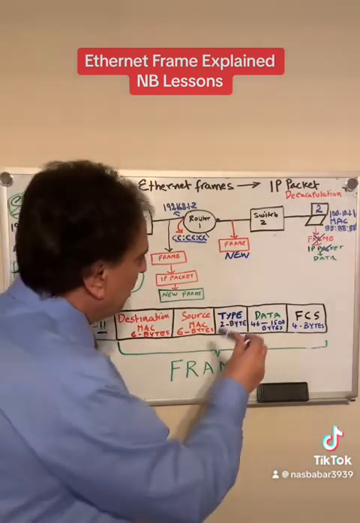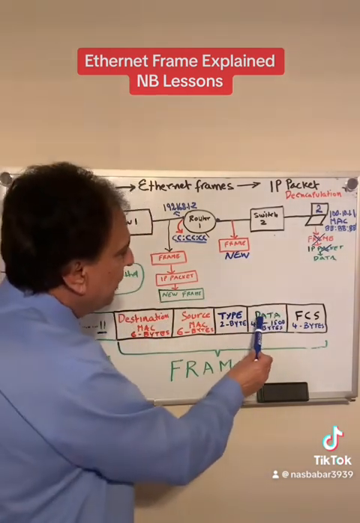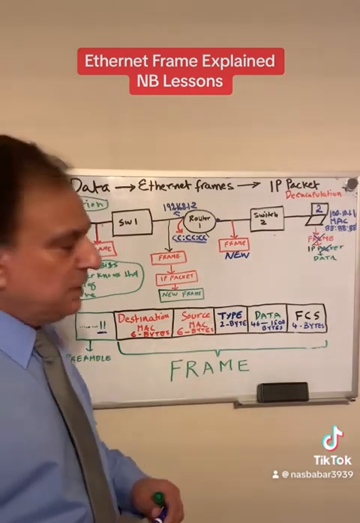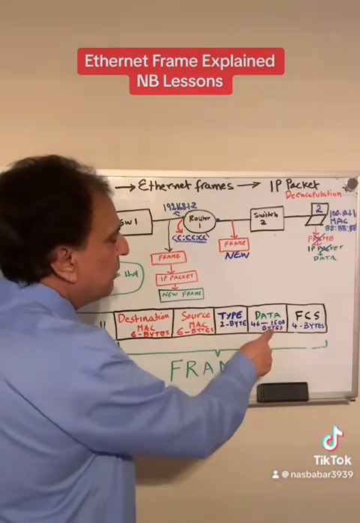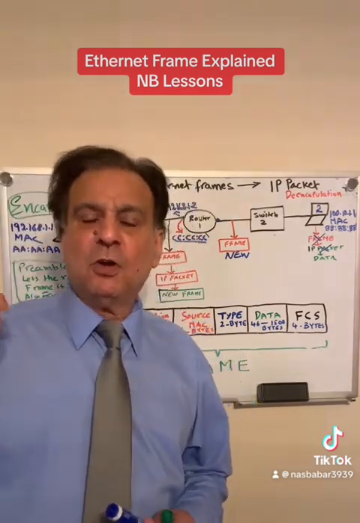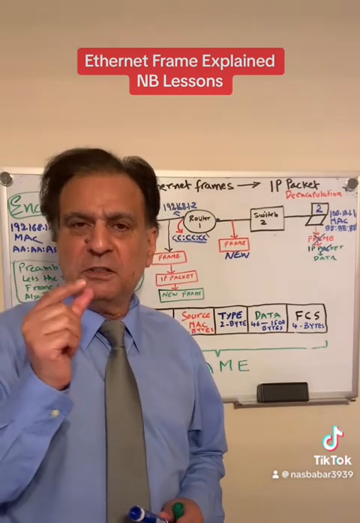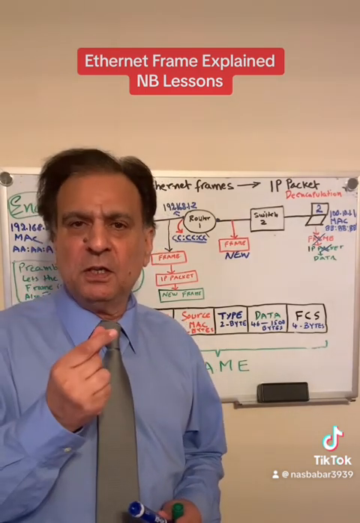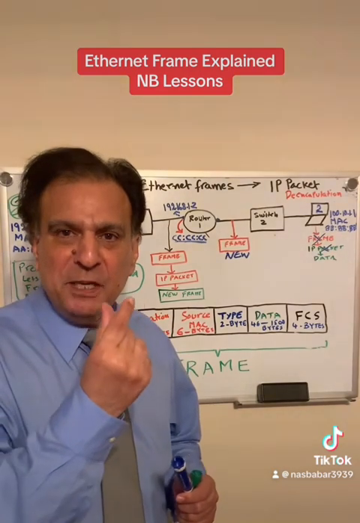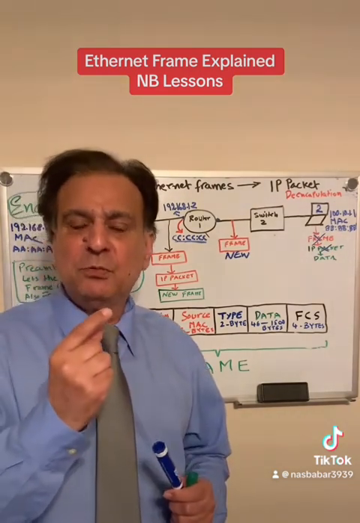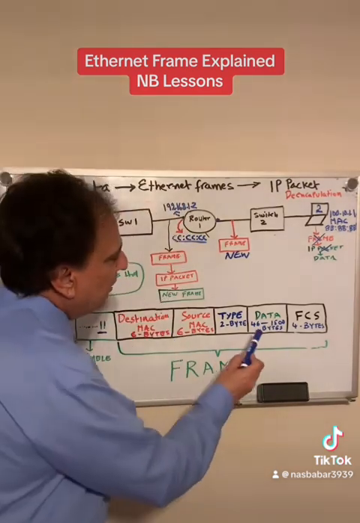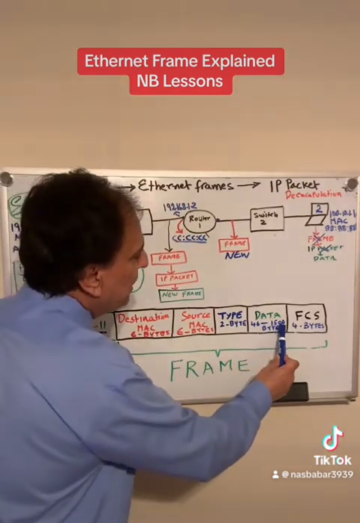Okay? Now this is the important field, that's where we have data, okay? So the limit on this data is 46 to 1500 bytes. If you recall, when I was talking about one of my lectures on IP packet, I told you that routers have by default a 1500 bytes MTU size, maximum transmission unit size. So that's why we have an upper limit of 1500.